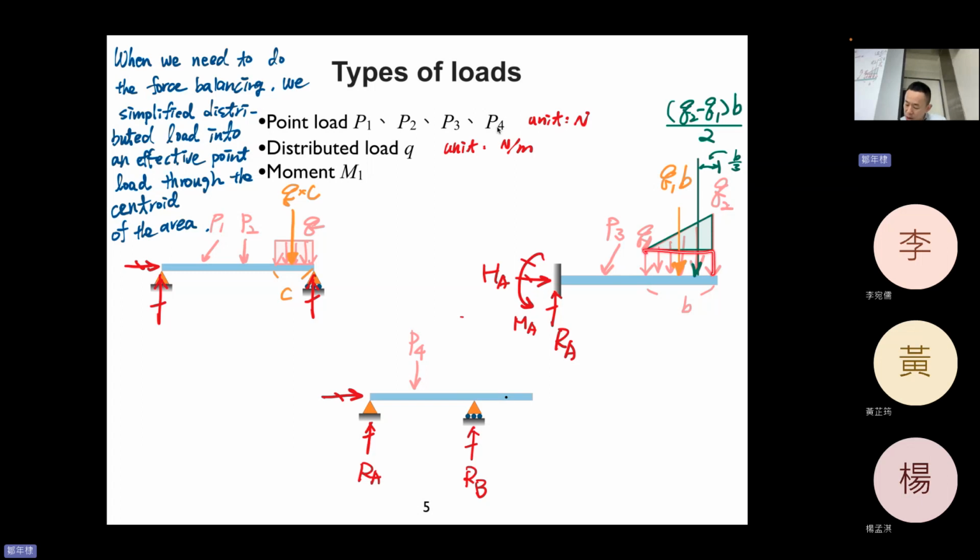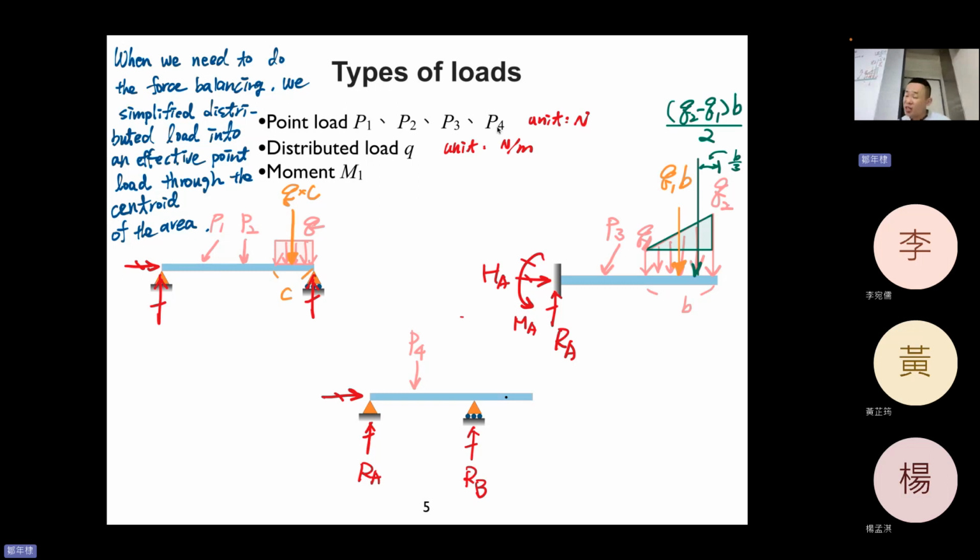So this shape with the area Q1B will go through the rectangular centroid. But for the upper part, this is a triangle. The value of the area is this one, and it will go through the centroid of that triangle.